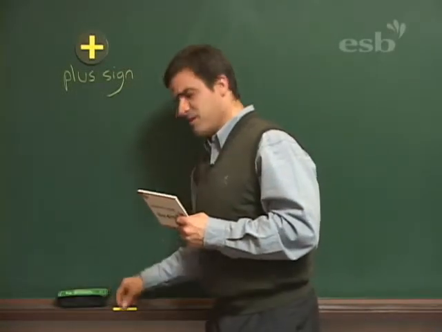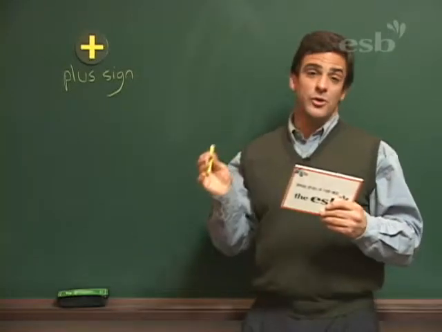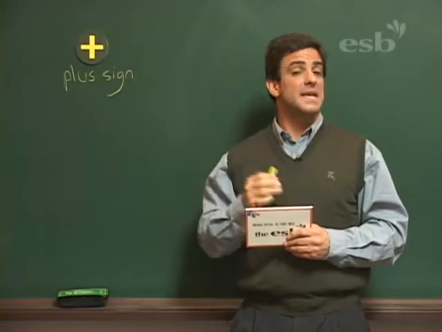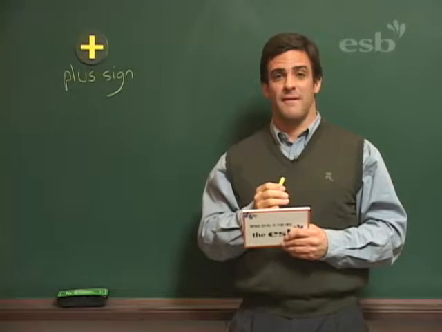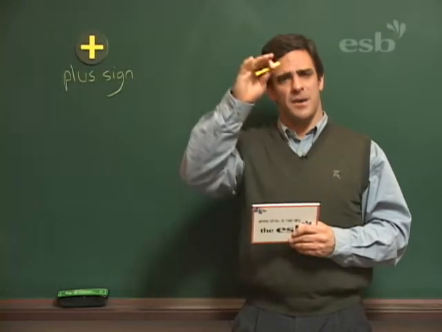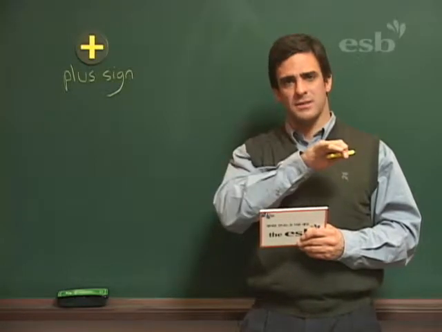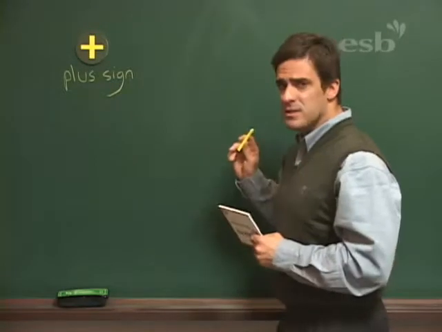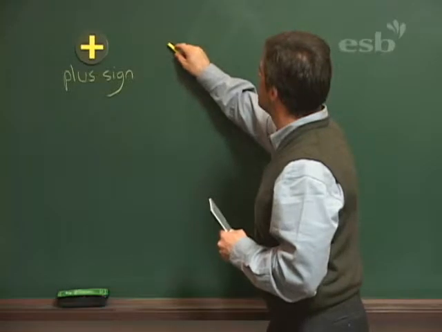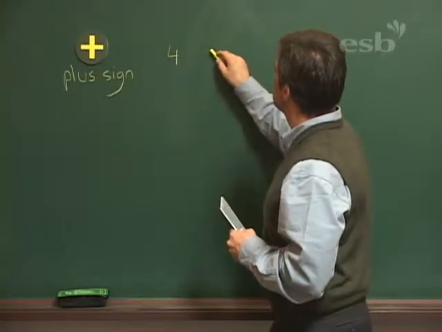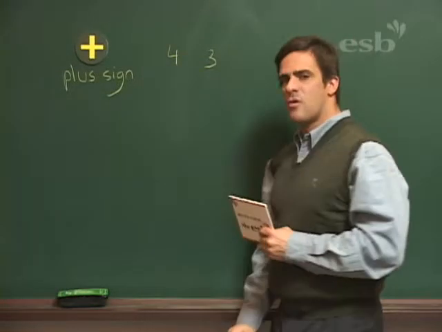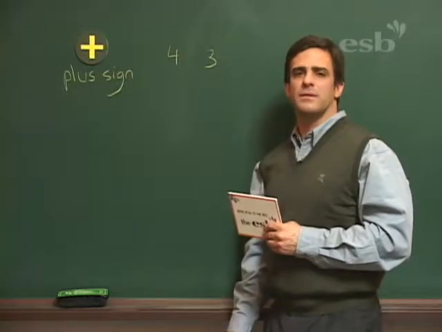Let's try something different. You can add numbers in any order. So we added up and down. Now let's add across. Let's try some new numbers. 4 and 3.